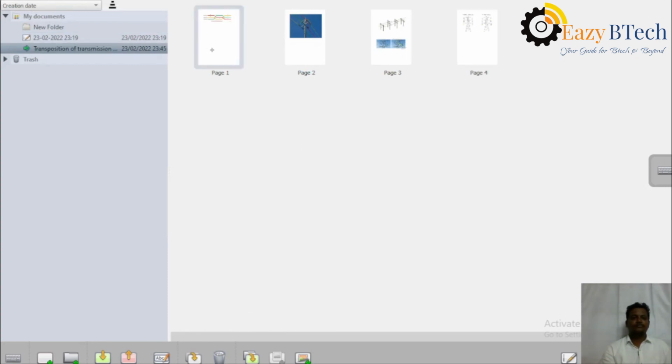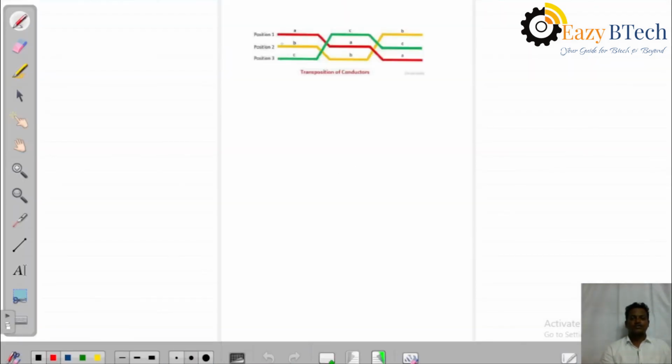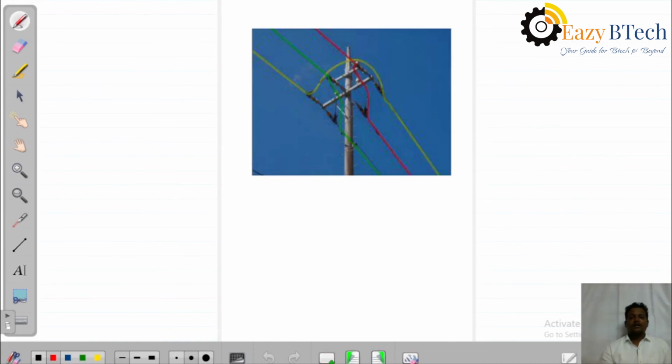Here this is transposition: conductor A, conductor B, conductor C. Conductor A is red color, it occupies 3 positions. B also occupies the 3 positions and C also occupies the 3 positions. This is the way we will do the transposition. In this diagram we observe that they are changing the position of the 3 conductors. Yellow is one phase, red is one phase and green is another phase.